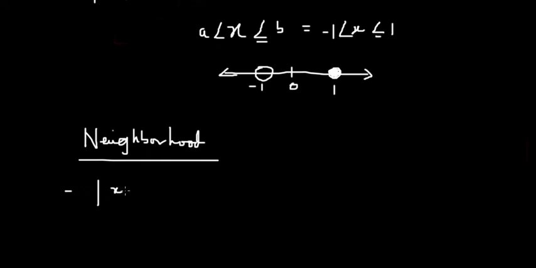We have x minus a certain value a, and the absolute value of the whole of this has to be less than delta. This is what we refer to as the delta neighborhood.